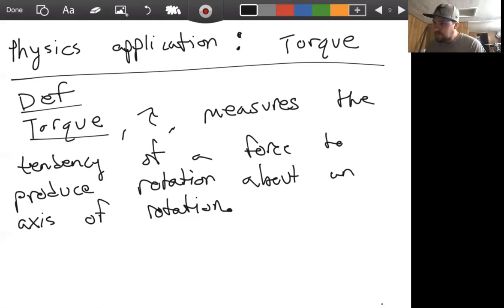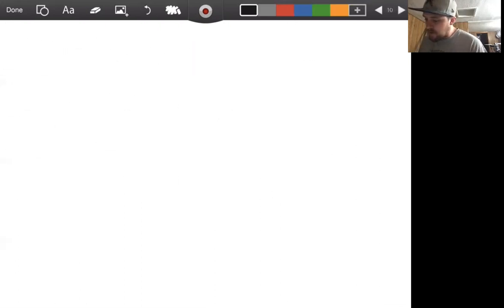So let's look at a picture here. Let's imagine we have a bolt here, and let's imagine we have a socket around this bolt. I can maybe draw my socket in red.